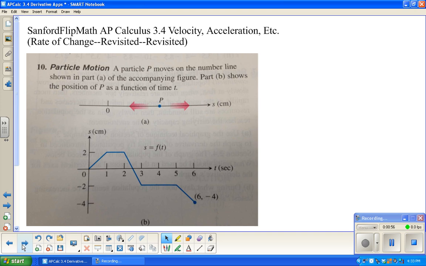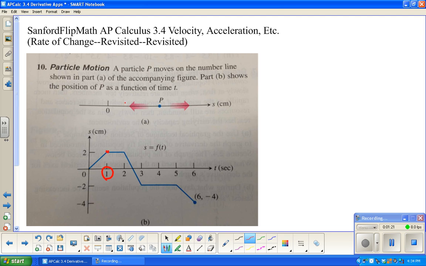Here they're telling you that the distances are in centimeters, and part B shows the position as a function of time. So instead of giving us an equation this time, we get a time and position given by this graph. So for instance, at t equals 1 second, the position is 2.